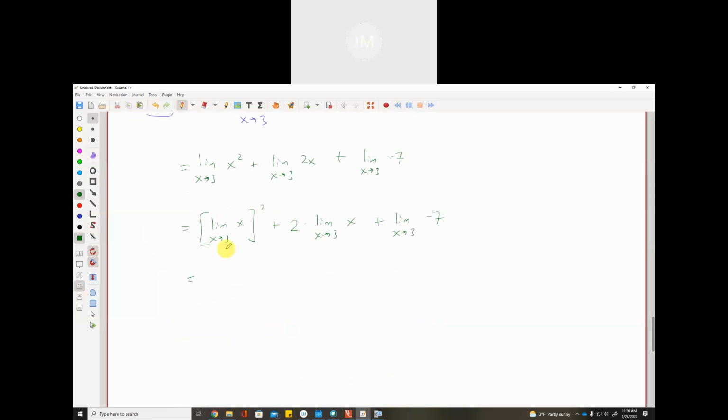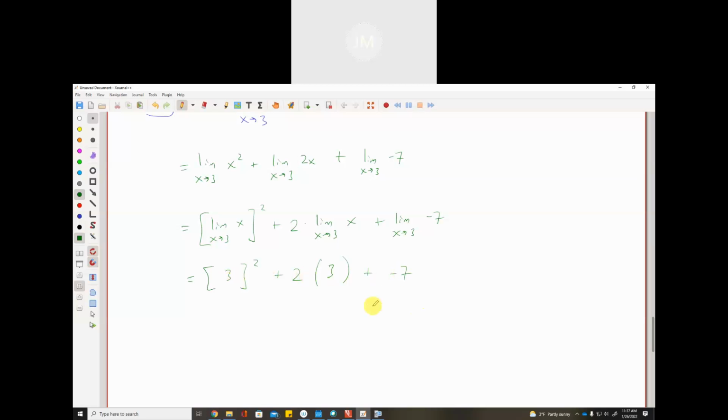So this limit inside here, x approaches 3 of x, I'm just going to get 3. The limit as x approaches 3 of x, same thing, I'm just going to get 3. And when I take the limit of a constant, I just get that constant back. Okay, now I could do the arithmetic here, right? 3 squared is 9, plus 6 minus 7 will give me 8.